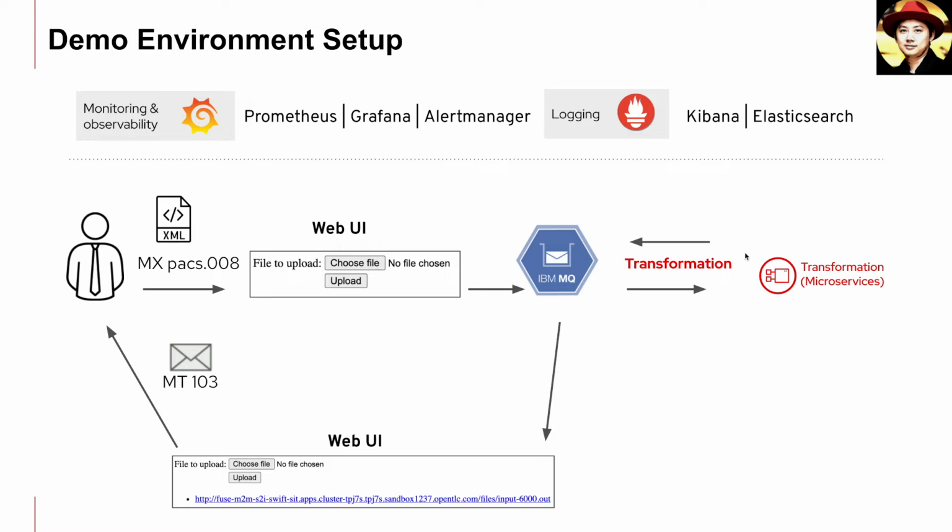In this case, it is taking the MX-PAX008 and transforming into MT103. Then it will put it back into another queue in the IBM MQ, and again we will download the output file from the web UI for this demonstration purpose.